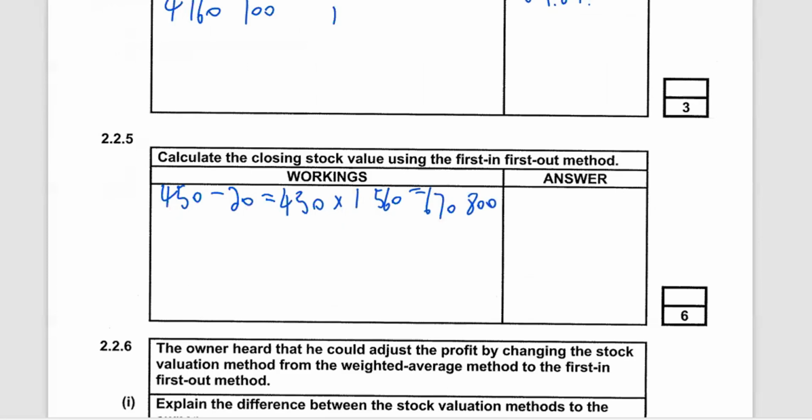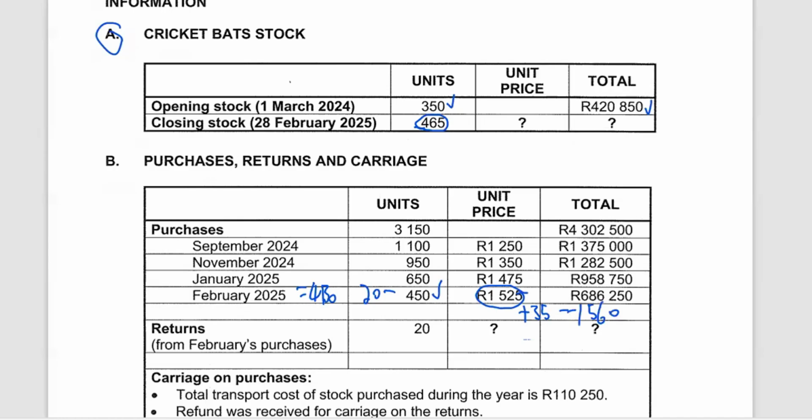670,800. So now, from our closing stock of 465 units, we're going to say 465 units minus the 430, because we have already valued our 430. Then we get our remainder, which is going to be 35 units. So now, where are we going to get the price for these 35 units? We're going to use the price for January, because we assume these ones were sold first, because it's first in, first out.